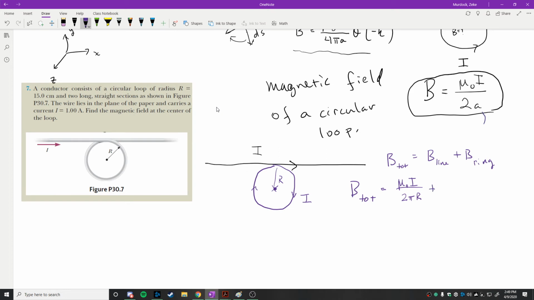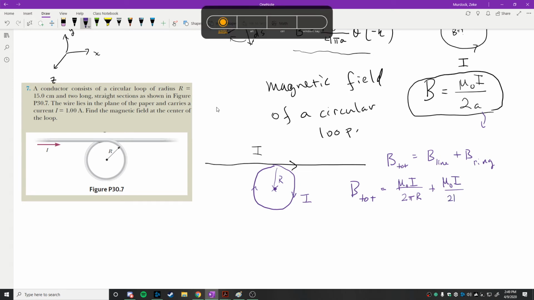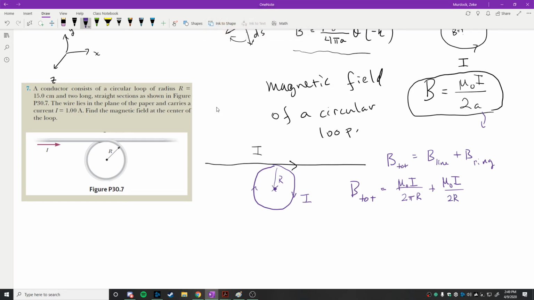Plus, for a ring, mu naught I over 2a, or well, 2r in this case. a is the r. So we end up getting mu naught I over 2r times 1 over pi plus 1.